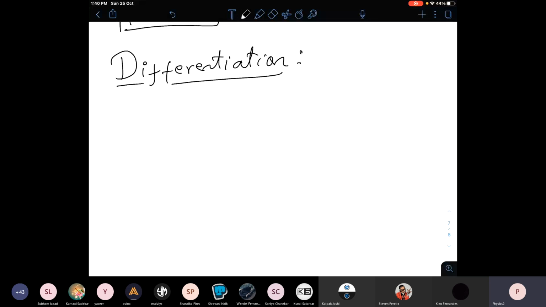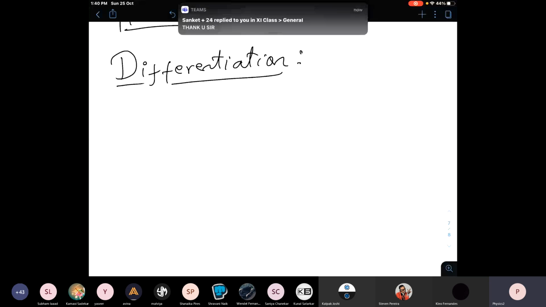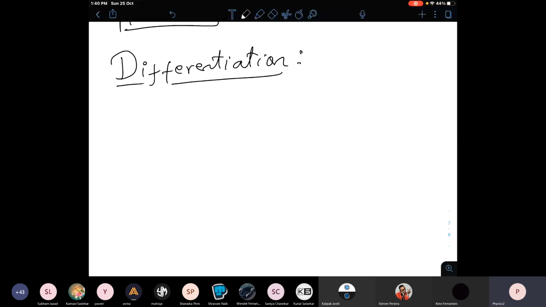If you have maths, then also don't try to go in depth in differentiation now. We just need differentiation for calculation purposes, to make our physics easier. Don't try to see what actually Newton or somebody else said about differentiation.